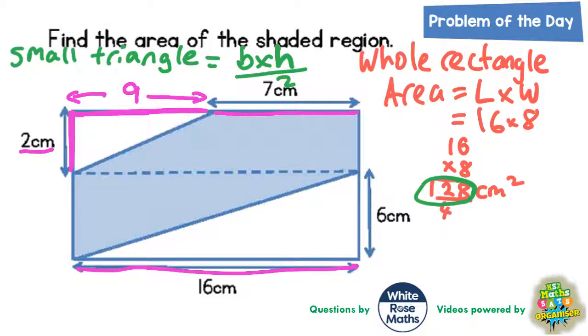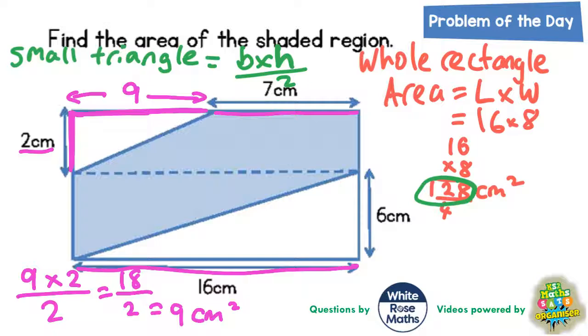So base times height divided by 2 would be 9 times 2 divided by 2. Well, 9 times 2 is 18, and 18 divided by 2 is 9 centimetres squared. So the small triangle in the top left corner is 9 centimetres squared. So we'll just write that on there, 9 centimetres squared.